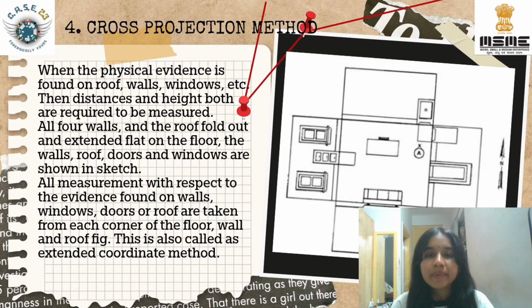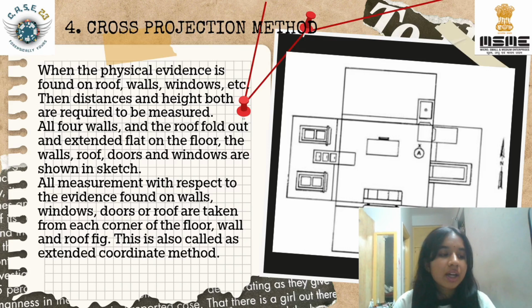The last method of sketching is the cross projection method. In this method, where the physical evidences are found on roofs or walls, it's basically a two-dimensional sketch of the crime scene, where let's say there are two or three floors in consideration.